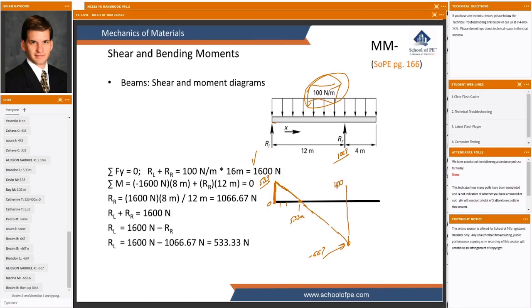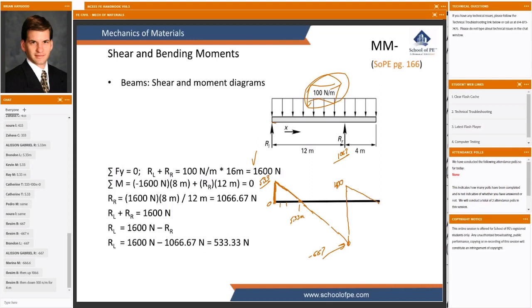And then from there, our same trend will continue, and it should make sense that over here on the right-hand end of the beam, nobody is trying to scrape the paint off or shear off the right-hand side of that beam. So yeah, we should end up at 0, and we do.